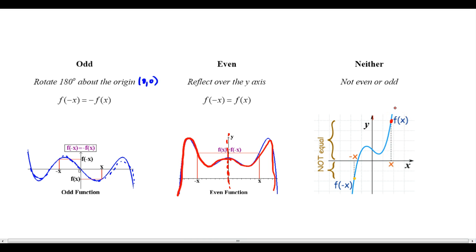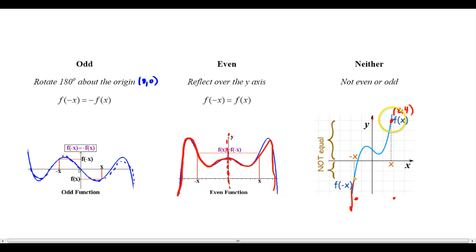So this point is about, let's say, 2, 4. And if we were to rotate it once, first it would end up down here in quadrant 4, and then if we rotate it again, it would end up down here, and it's missing, right? That's not exactly where it's landing. So it's not exactly the same function if I rotated 180 degrees.